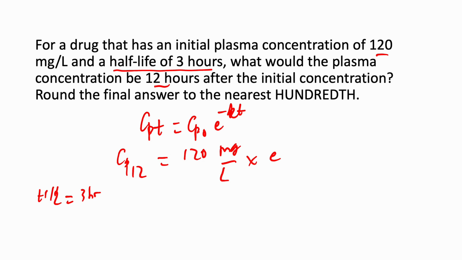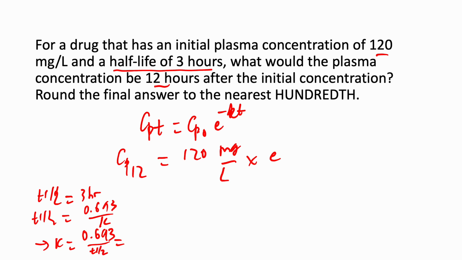And for first order elimination, half-life is equal to 0.693 divided by k. So then you have k is equal to 0.693 divided by half-life.